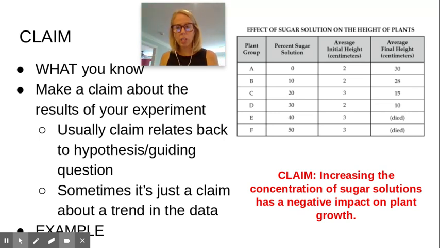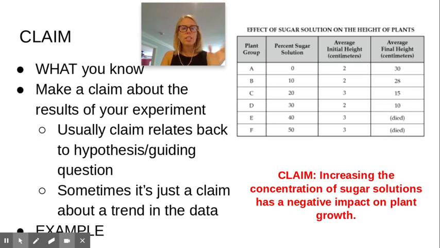Another possible claim could be that once you exceed 30% sugar in your solution, plant death occurs. Either of those claims would be appropriate based on this data set. What do we know based on this data? I chose that increasing concentrations of sugar negatively impact plant growth.